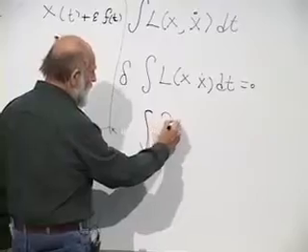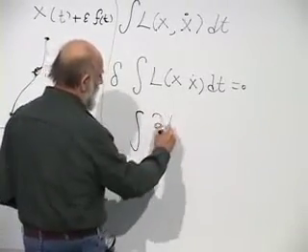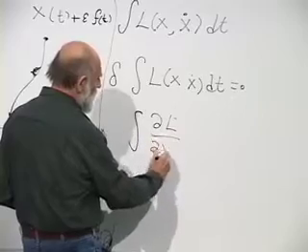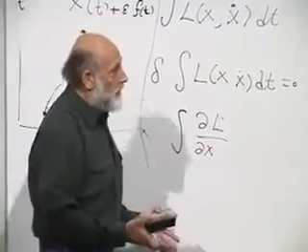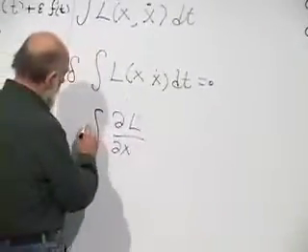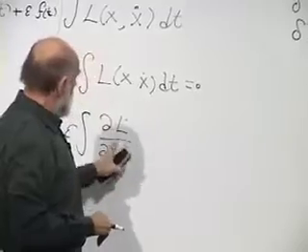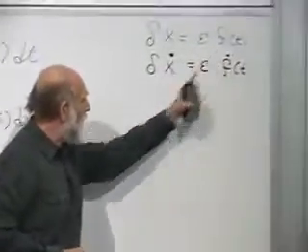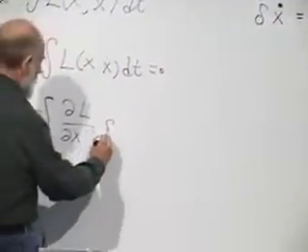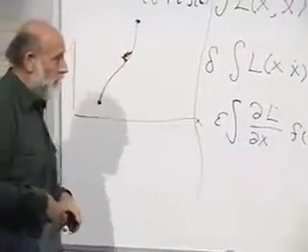That's the derivative of the Lagrangian with respect to x times delta x. But delta x is just proportional to f of t. We can put an epsilon on the outside here. The change of x is just f of t, so let's put f of t there, epsilon times f of t, but I left the epsilon outside.